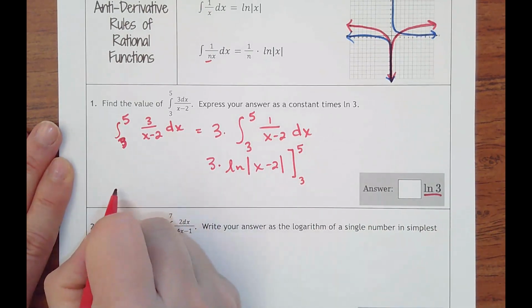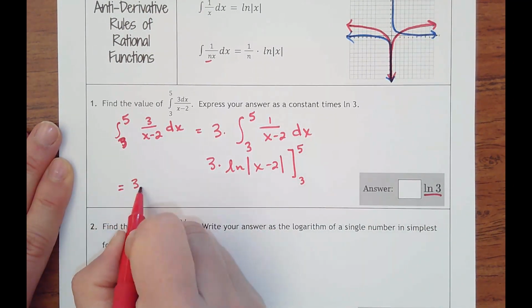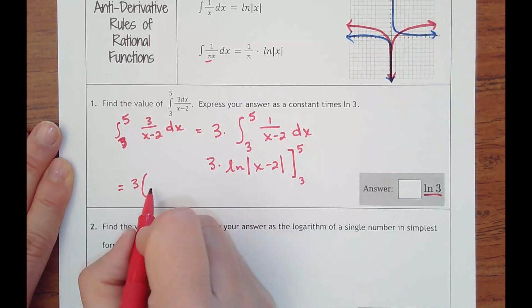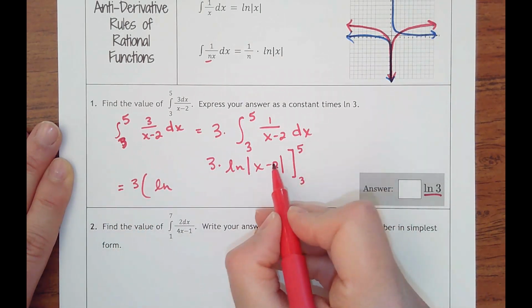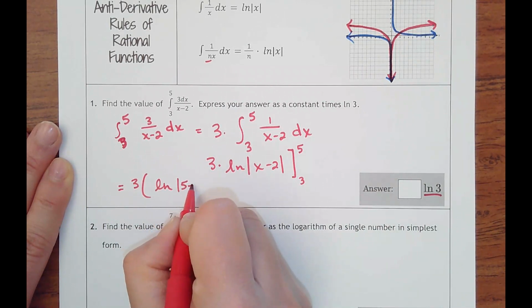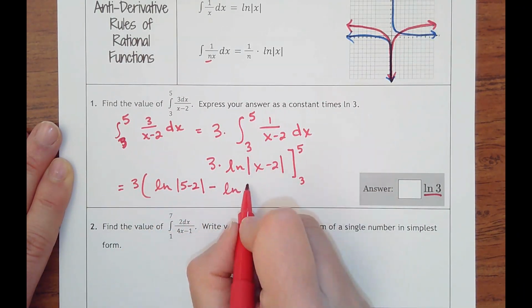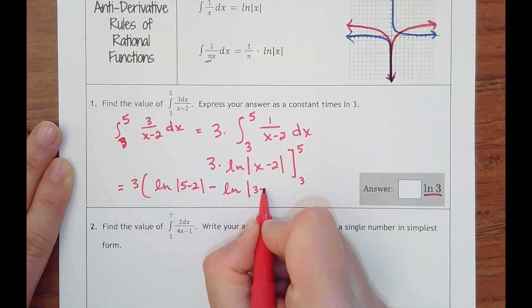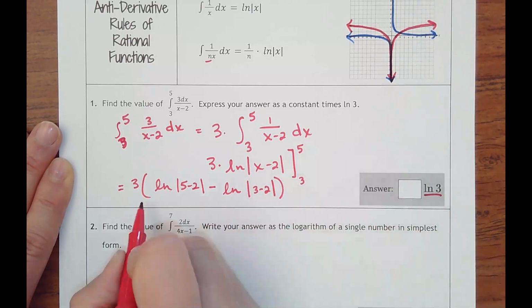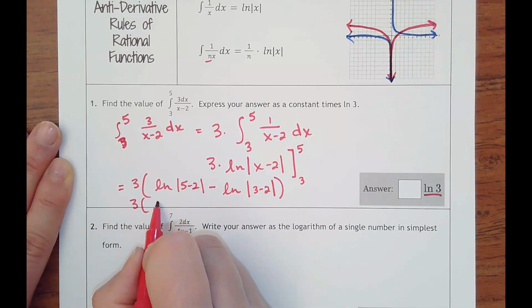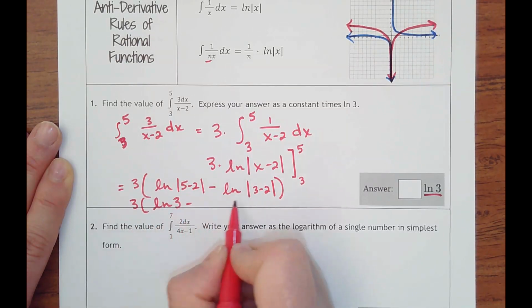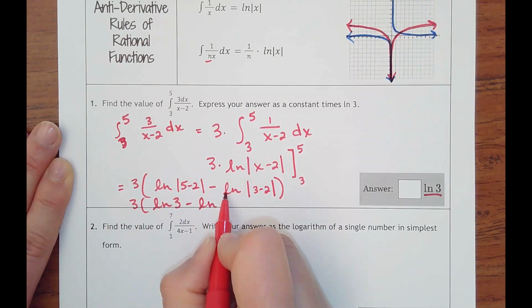Okay, so now when I go to simplify, I've got 3 times, I'm going to do parentheses, ln of 5 minus 2 minus ln of 3 minus 2. That would give me 3 times ln of 3 minus ln of 1.